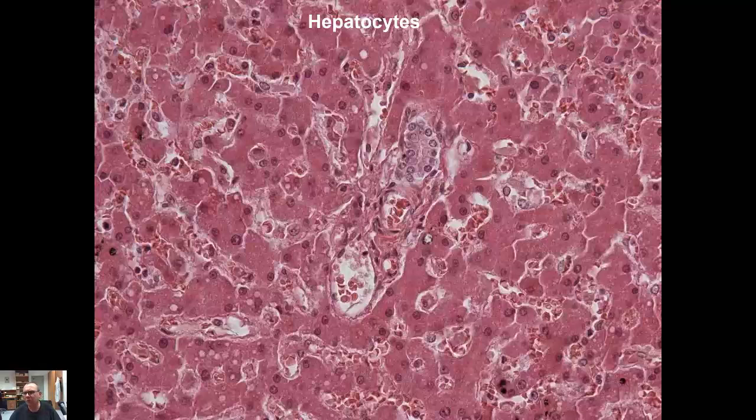They contain also many cellular inclusions. In this picture you can see some lipid droplets in the cytoplasm of hepatocyte. There are here very many. They are very variable in size. They can be present normally here, but if big and too many, they represent a pathological sign of steatosis of the liver.